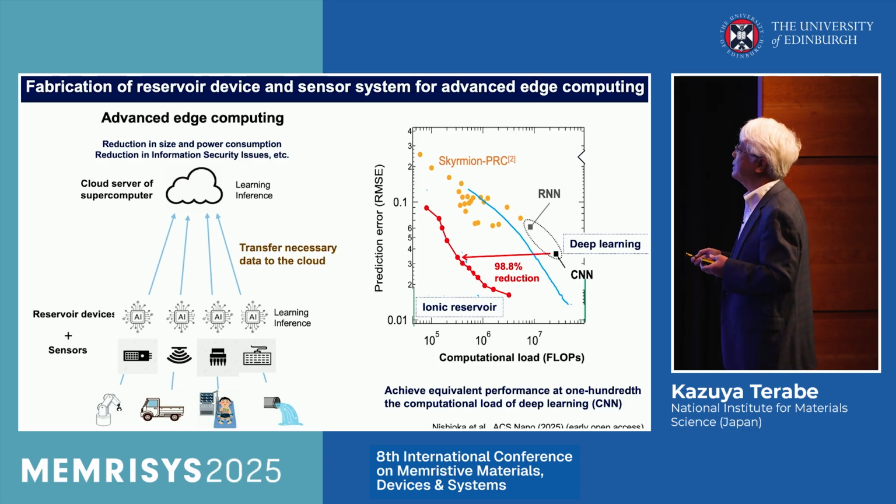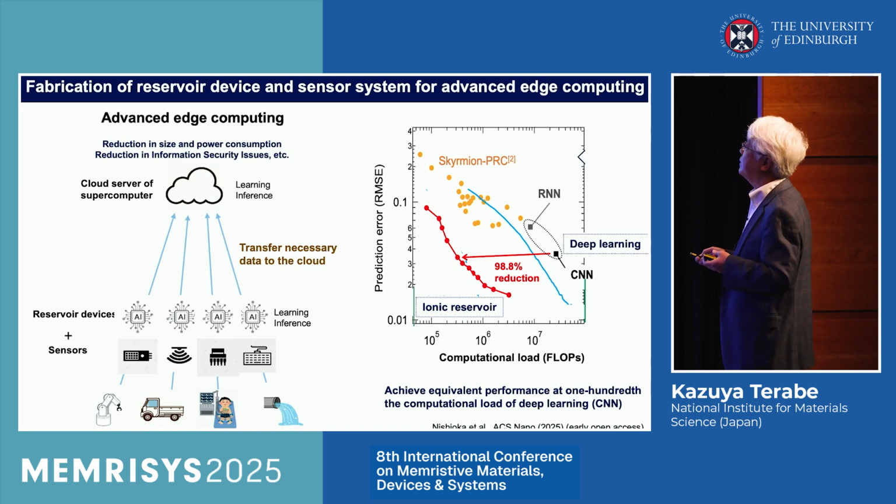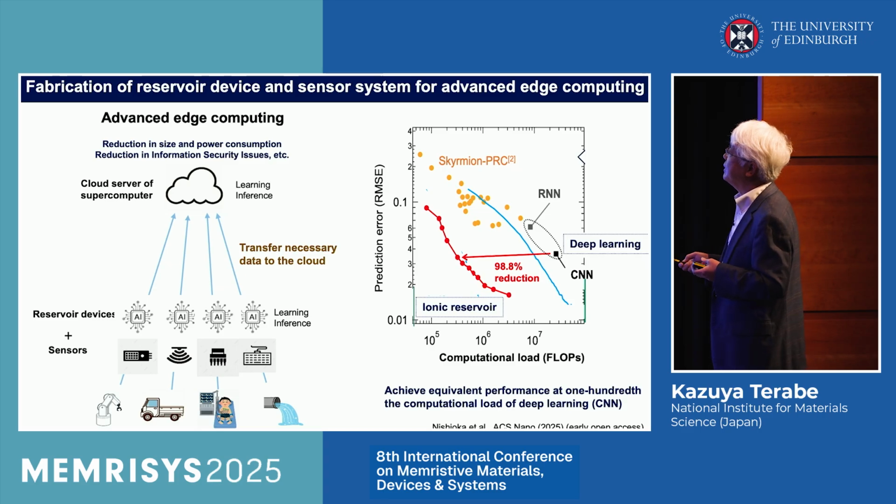Instead, the reservoir device is put here, and the sensor data is processed using the reservoir device for learning and inference, and only the necessary data is transferred to the cloud. Using such a system, we get reduction of power consumption, reduction of information security issues, and so on.